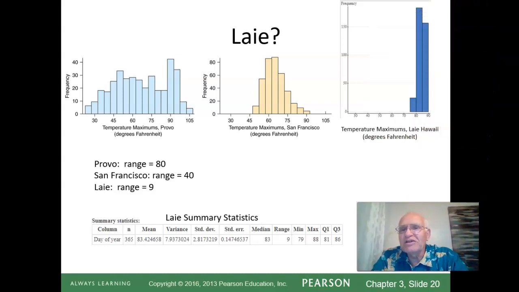Not Maui, but Lahaina here in Hawaii, where I'm located as I record this video. And you see that it not only has average temperatures that are higher than the statistics for Provo or San Francisco. You see the average is shown here as 83.4, but you can also see that the variability is much smaller.